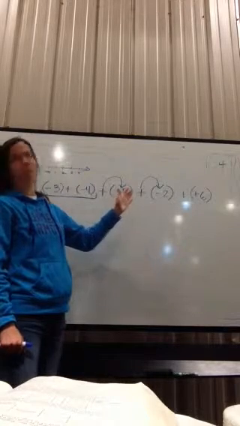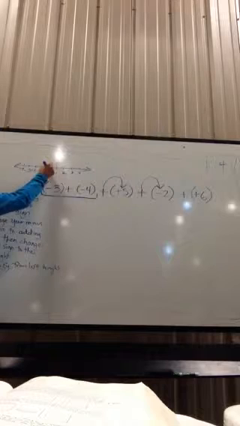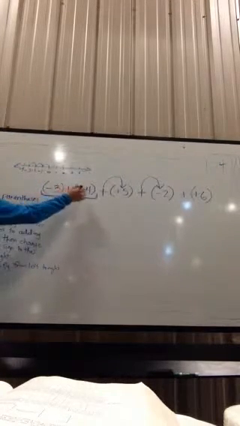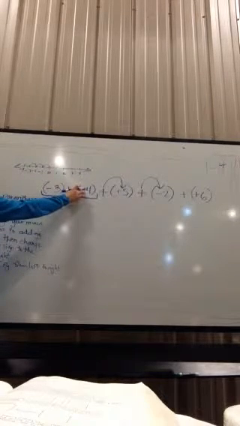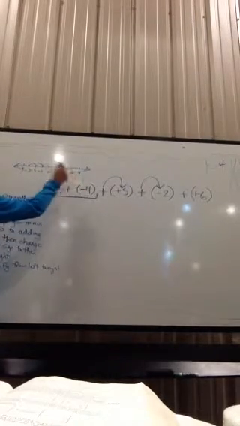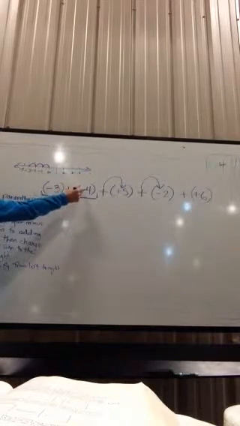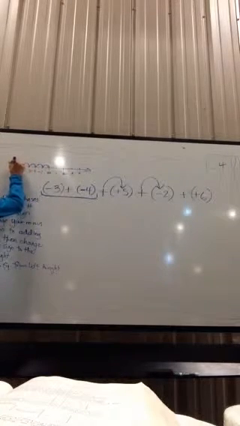Does everybody remember that? Okay, so now if I go negative 3, 1, 2, 3, plus another negative 4. Who remembers what negative means? I move to the left. So I went to the left 3, and they want me to go to the left how many more times? 4. 1, 2, 3, 4.